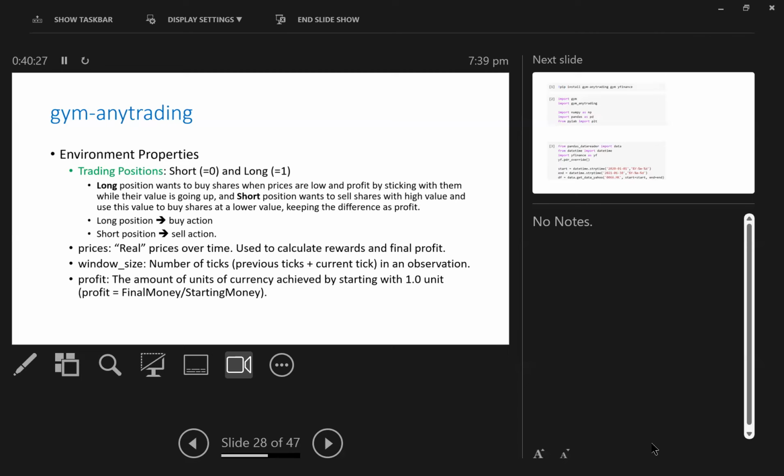Then you should just try to sell the stock. Don't keep it too long, because in the near future, in a rather short period of time, the price will drop, so that you will lose. Okay, so this is long and short position.